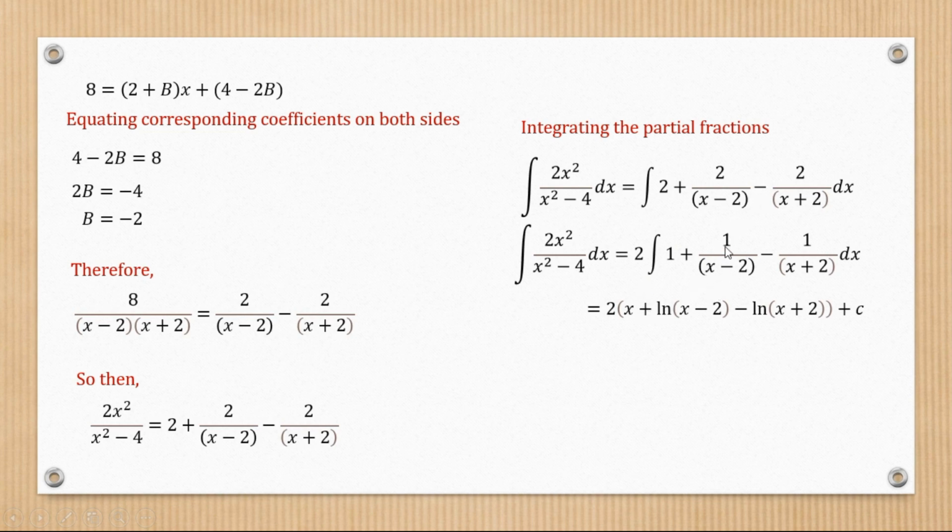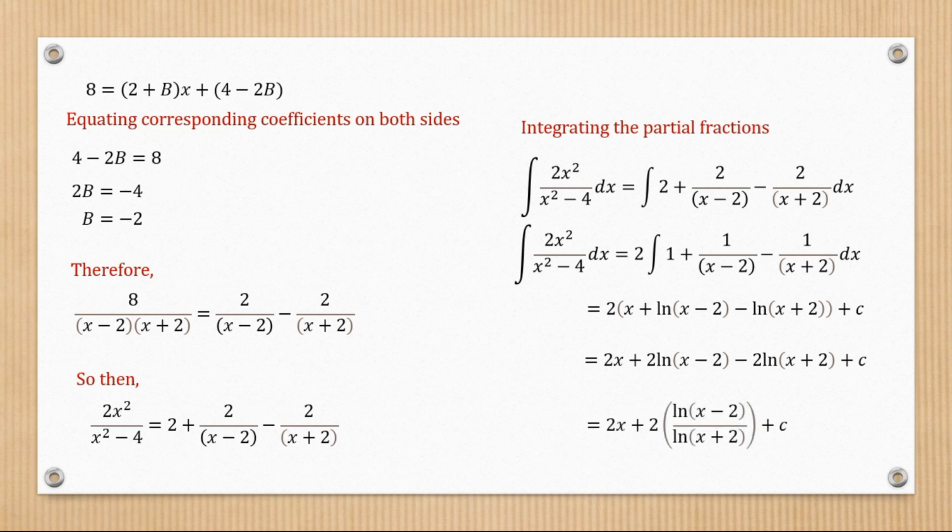The integral of this, using u substitution, will have ln of x minus 2. And then right here, the integral of this shall be equal to ln of x plus 2, also using u substitution. So multiply these 2 inside the brackets, and we'll have 2x plus 2 ln of x minus 2 minus 2 ln of x plus 2 plus c.